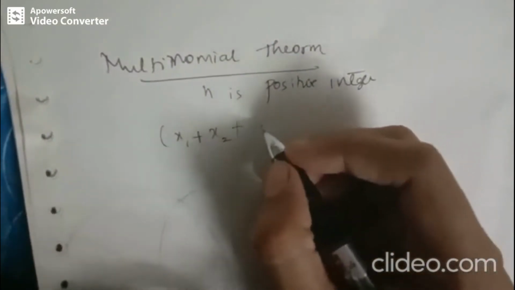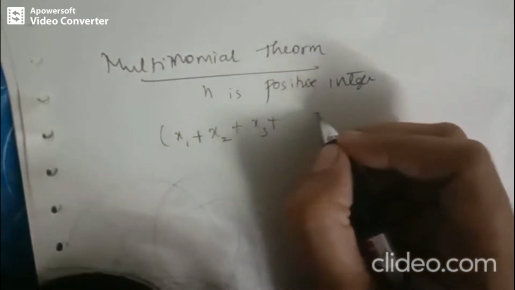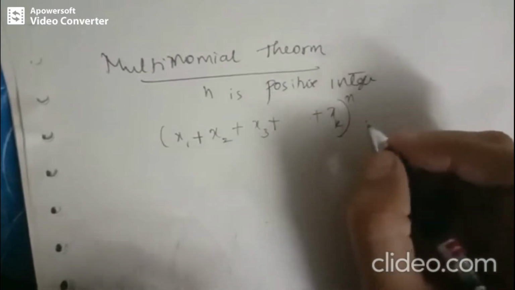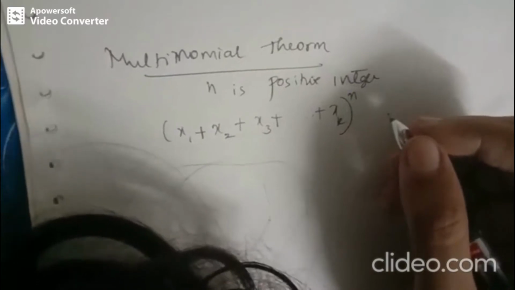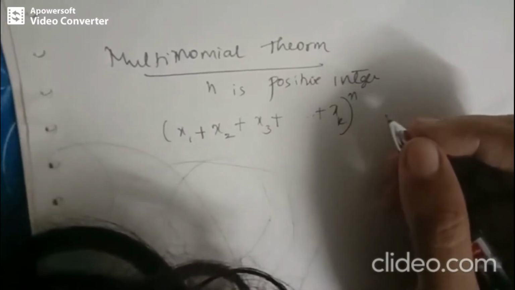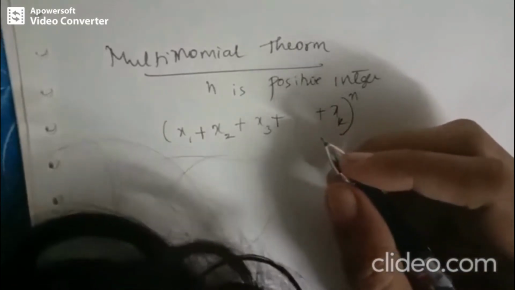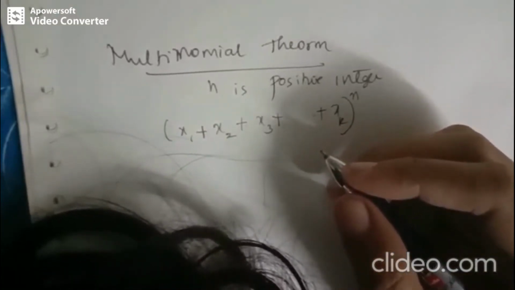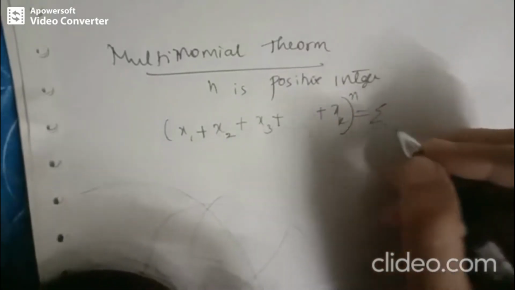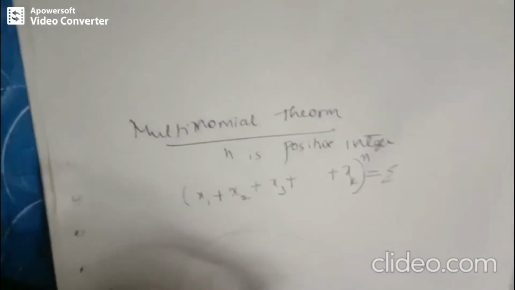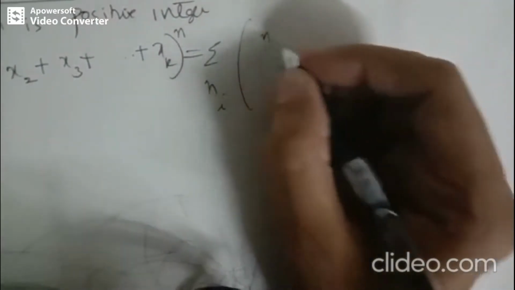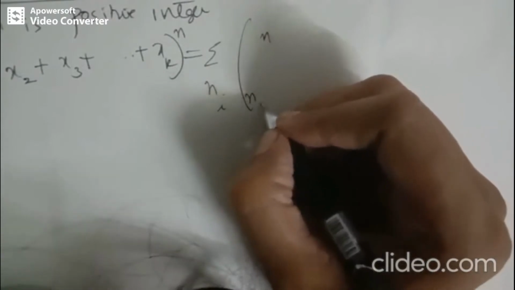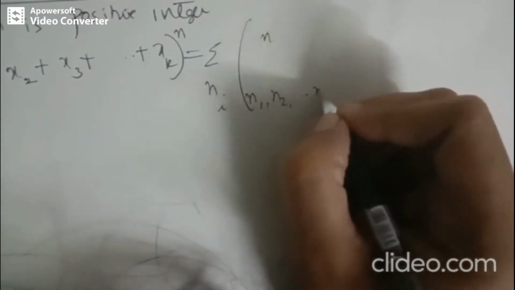So let's say x1 plus x2 plus x3 and so on plus xk raised to n can be given by the formula corresponding to the multinomial theorem. So what is this multinomial theorem? Given multiple terms raised to the positive integer n, it is nothing but the summation of n choose n1, n2, and so on up till nk.